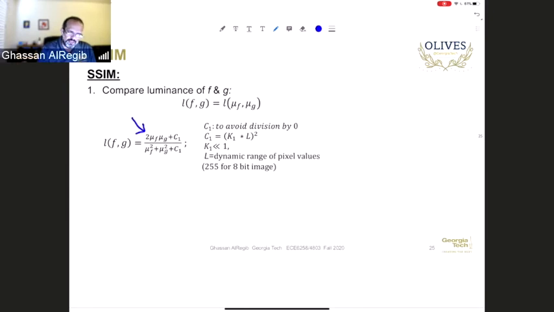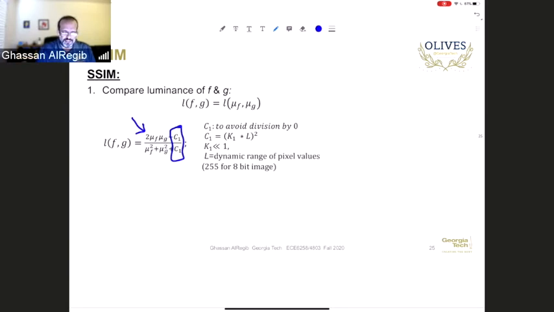You look at C1, this coefficient is just to avoid dividing by a 0. But just look at 2 mu F times mu G divided by mu F squared plus mu G squared. If F and G are identical, then this ratio becomes 1, right?